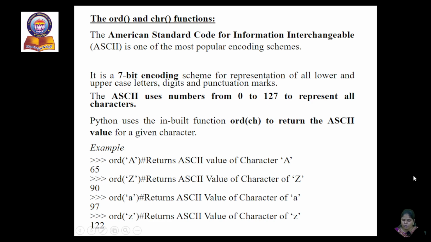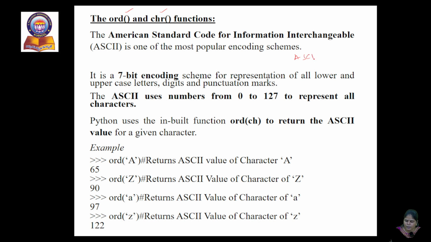Next, there are two built-in functions, ORD and CHR. Internally, whatever data you write, the computer will convert it into zeros and ones. So for the conversion to zeros and ones, there is a need of some standard code called ASCII code.